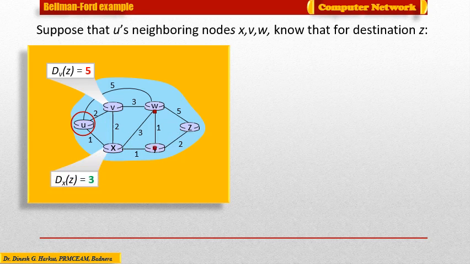Next, dXZ from node X to node Z is 2 plus 1, that is 3. And dWZ, from node W to Z, is 1 plus 2, that is 3.